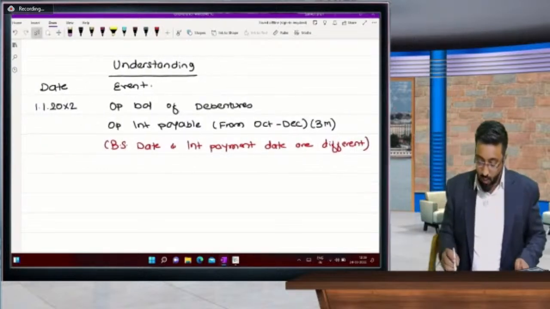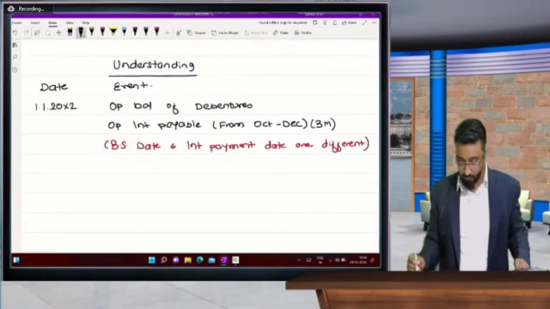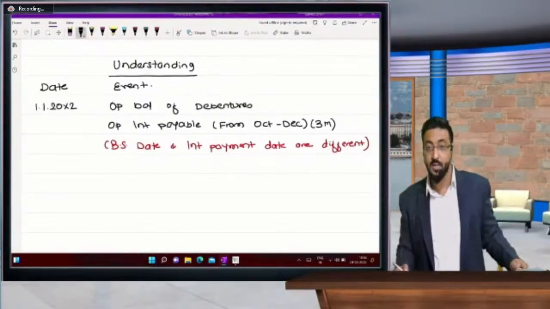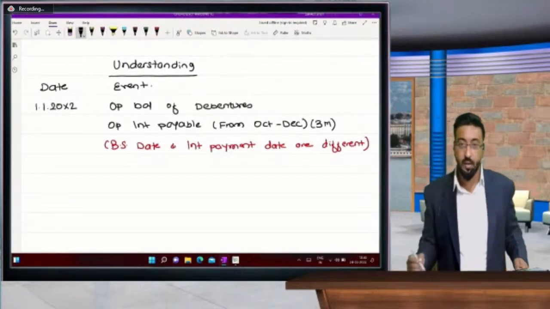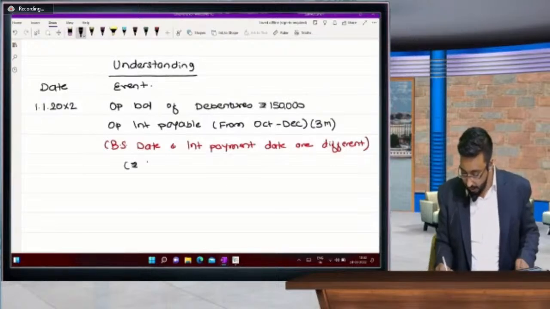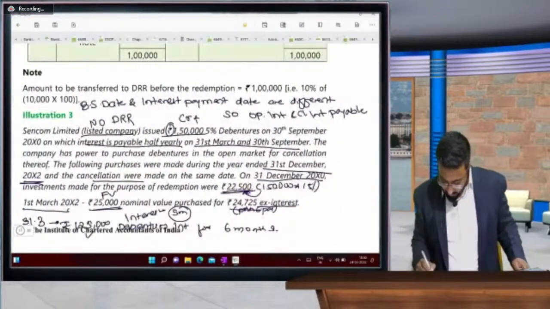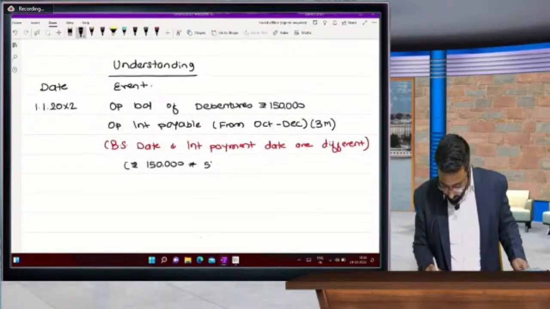First January 2002. So first event you understood. Opening balance of debentures is 1,50,000 into what percentage of debentures? 5% into 3/12.